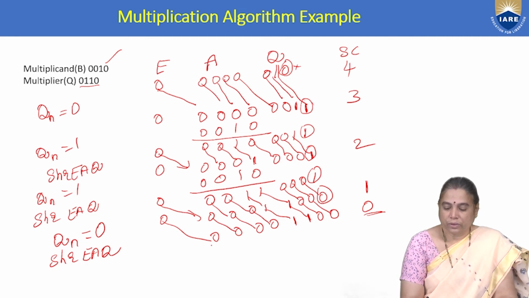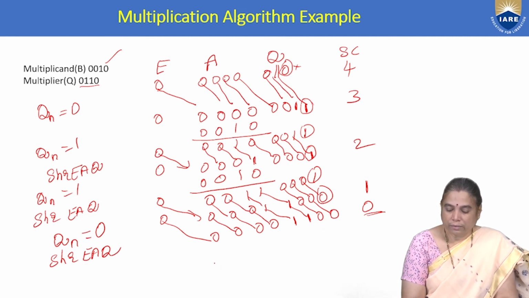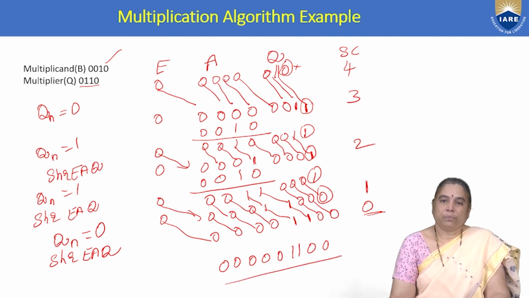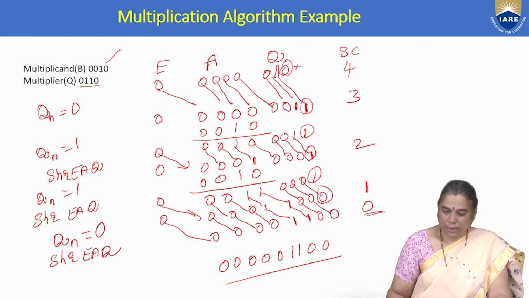What is the content of the registers? That is the product. So this is the end product of the multiplication algorithm. So internally, the electronic components can be used to perform the flow of binary multiplication in this way.